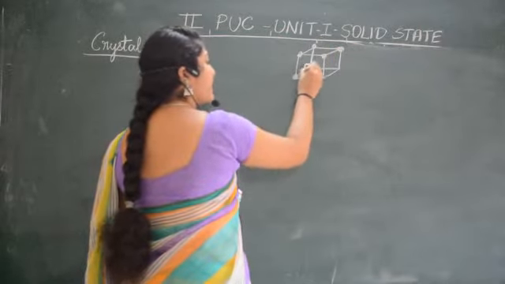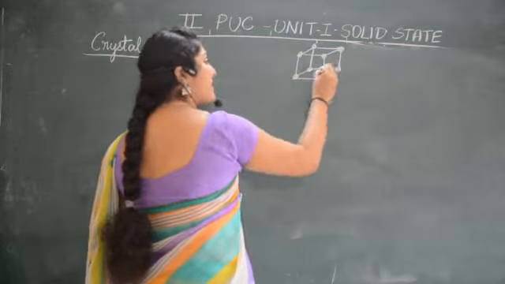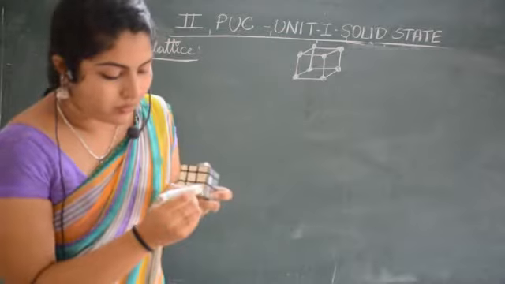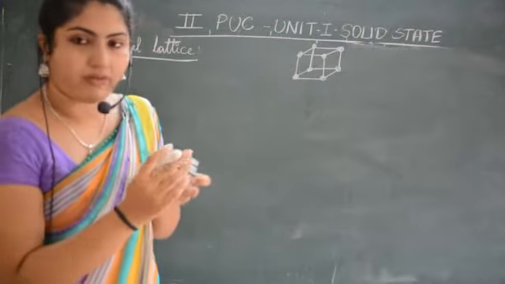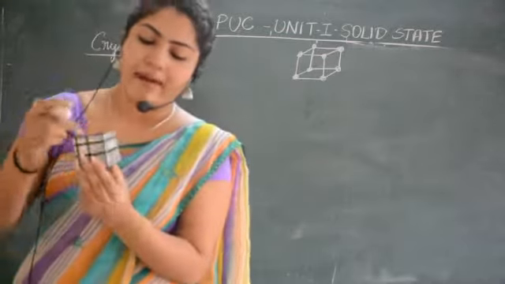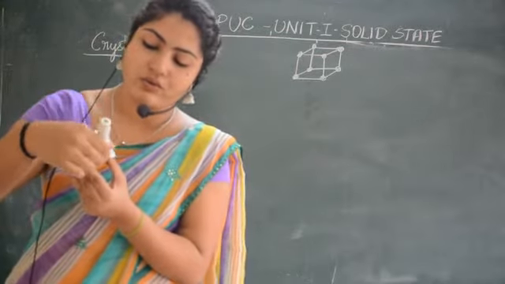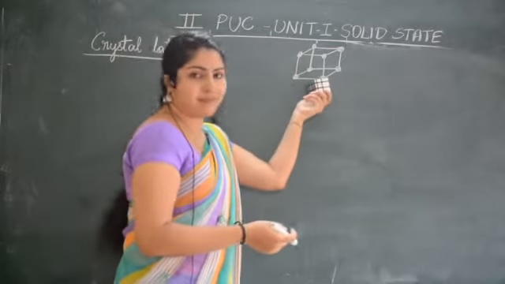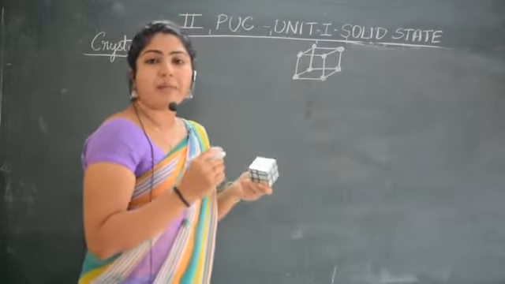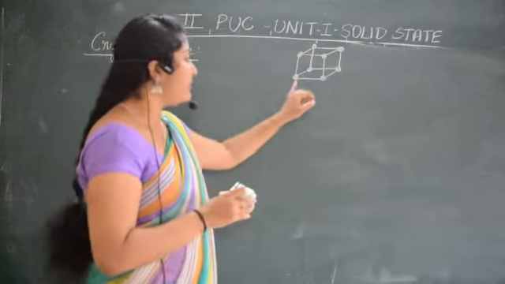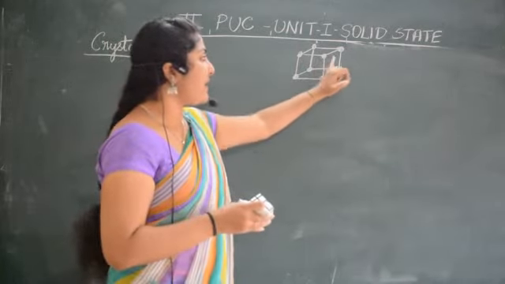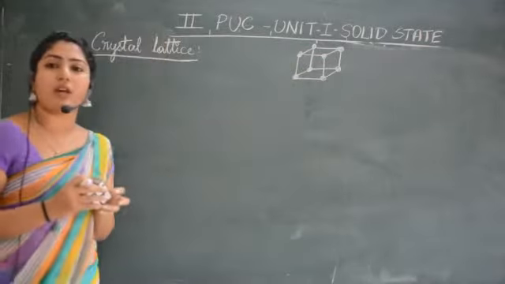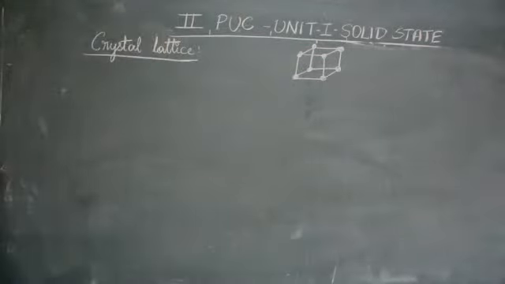This means that at these corners there are some particles present. So I have shown it this way here, 1 dot, 2 dot, 3 dot, 4 dot for the front face, and again for the back face, again 1, 2, 3, 4 at the corners. If I mark, then it may look like this. The 3-dimensional arrangement of the points in the space is called a crystal lattice. I mean, they constitute a crystal lattice.